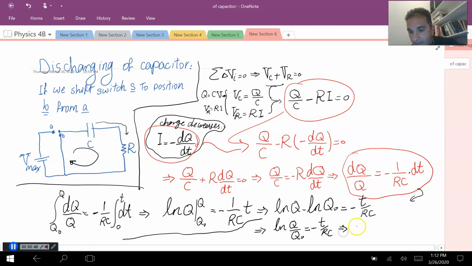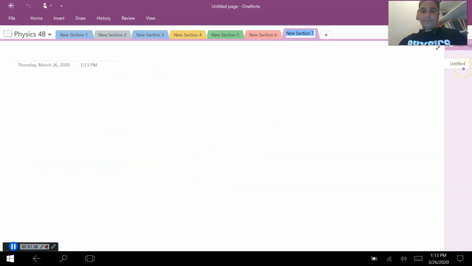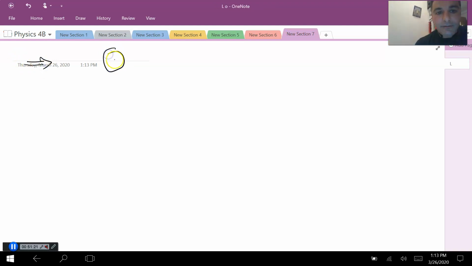Then I can write q over q naught is equal with e to the power of what? Negative t over RC. Now if I do cross multiplication, I am going to have this equation.